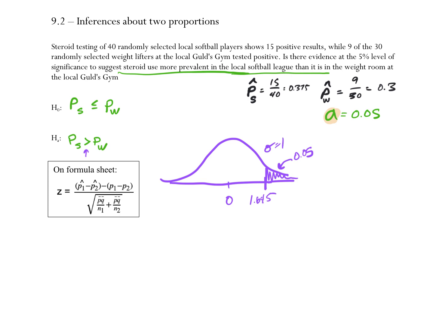All right. Now, real quick, are you with me that I could rewrite these? Another way to write these hypotheses would be like pS minus pW is less than or equal to 0. Those are equivalent statements? Yes.